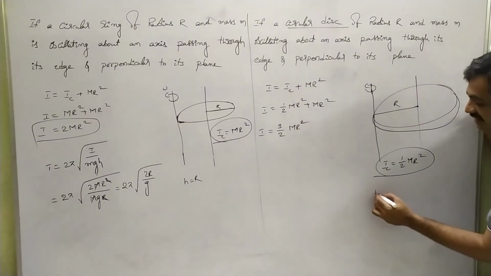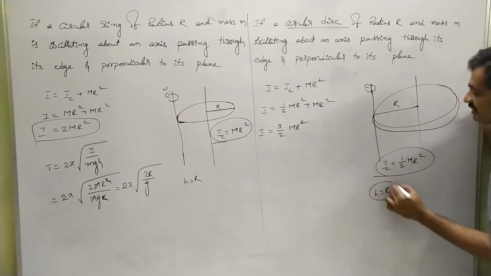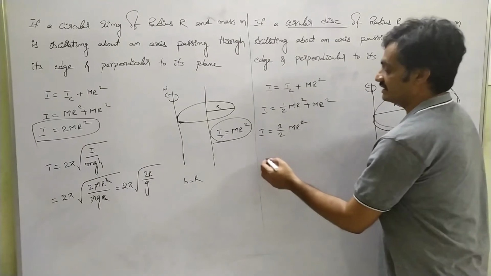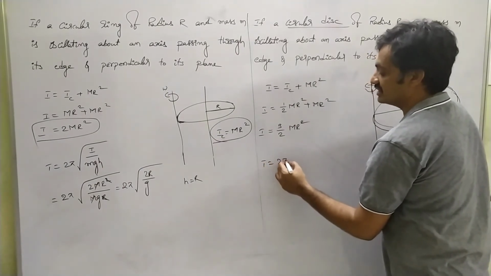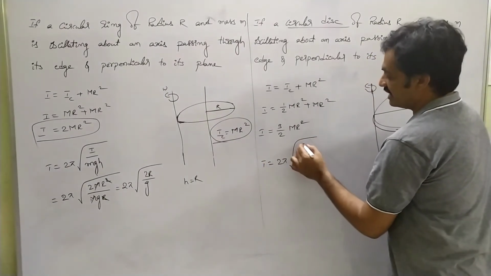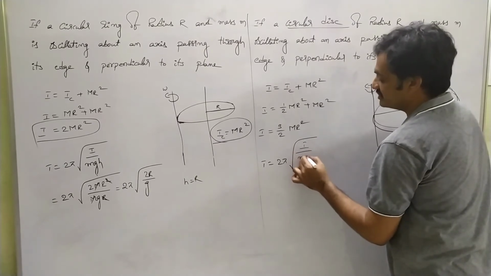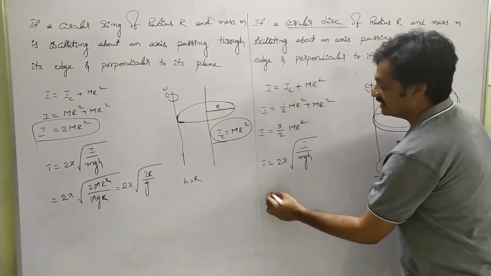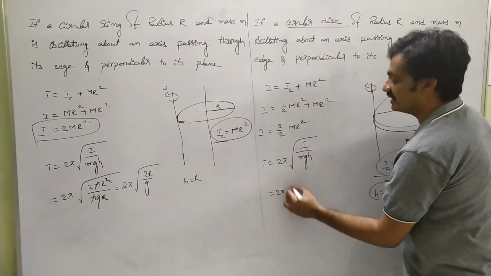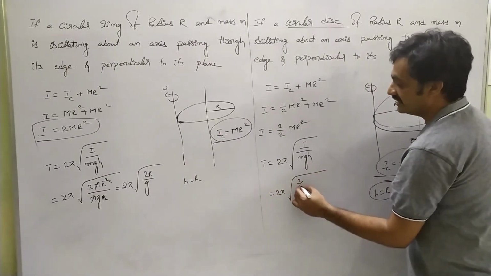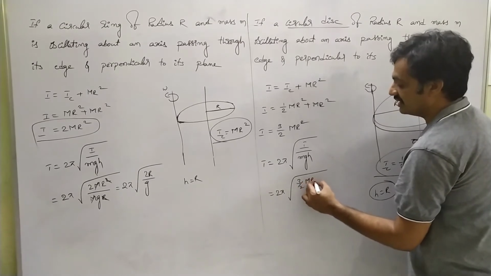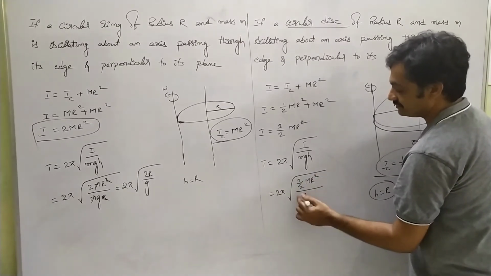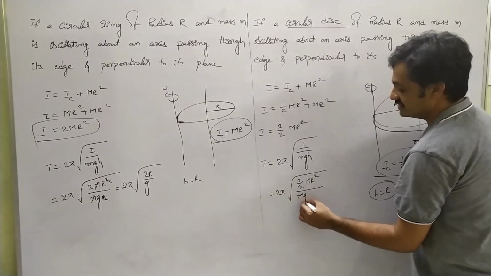And here h is represented as r, because the radius of the disk is r. Then the time period is given as T equals 2 pi into under root of I by mgh. As we substitute these two values in this expression, the time period can be represented as 2 pi into under root of 3 by 2 mr square by mgr.